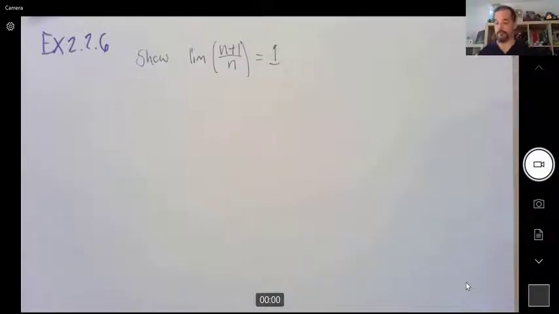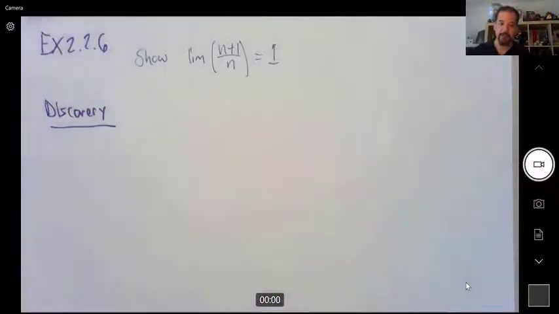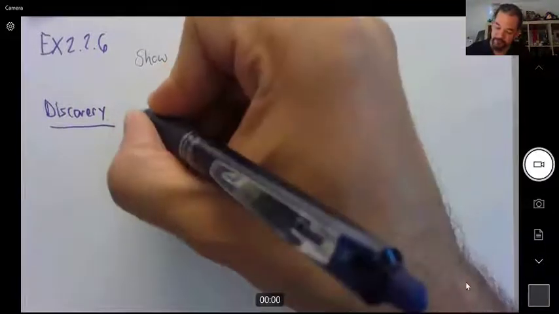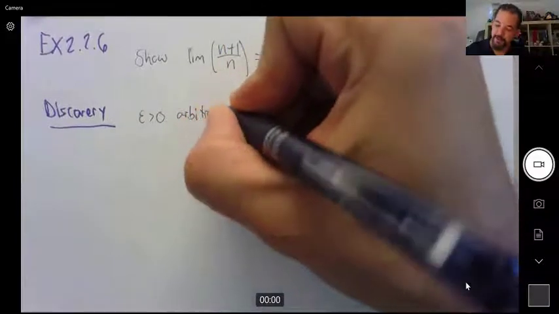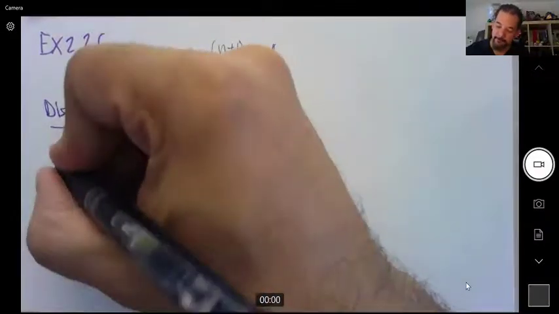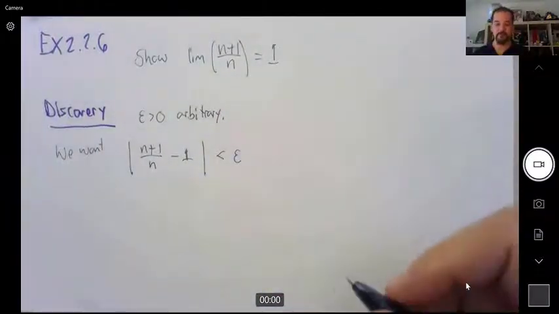The discovery first, right? So here's the discovery. How to find the capital N, right? So we're going to have some epsilon. So this guy is arbitrary. And then what we want is |(n plus 1 over n) minus 1| to be less than epsilon, right?